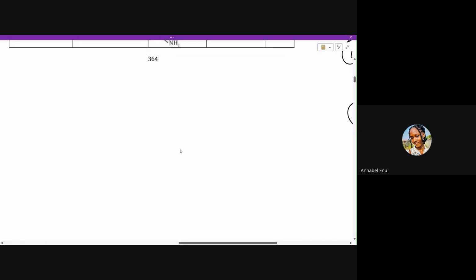Sometimes we will see structures with two functional groups in one structure. So what do we do? There are trends of priority, to know which functional group you are going to prioritize over the other one.